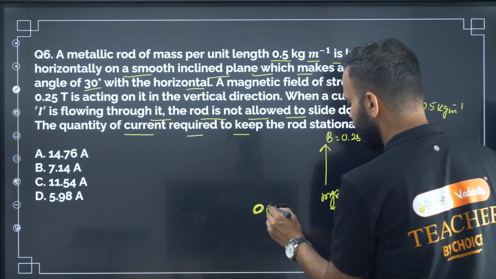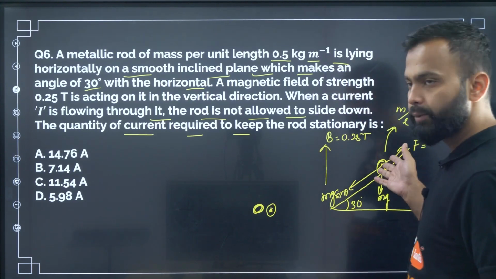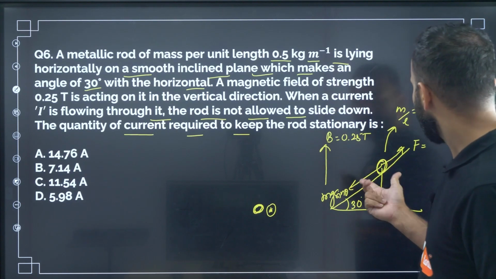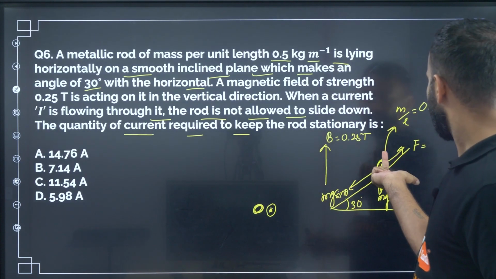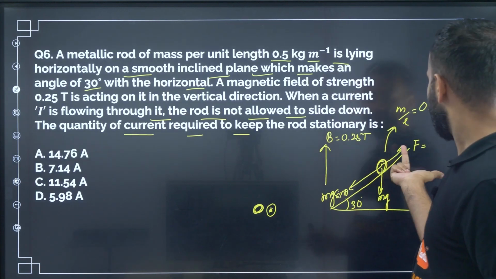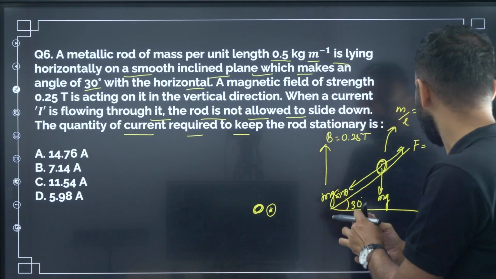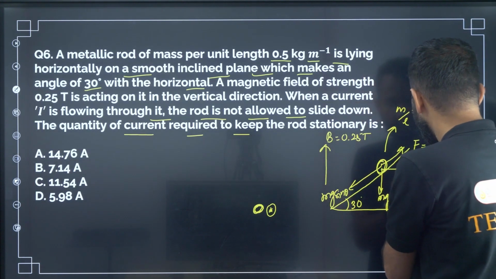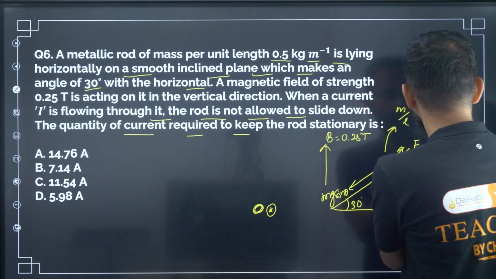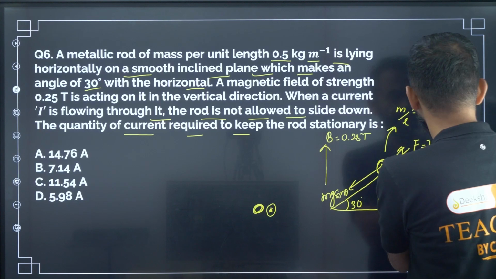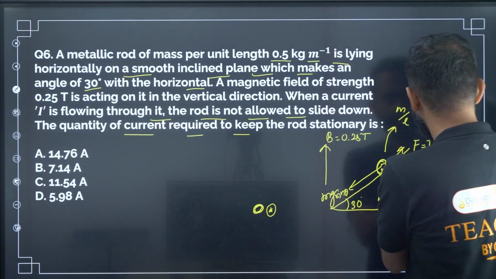So this is the rod, and this is the direction of the current. Use the right hand rule here: current, magnetic field and force. This is the direction of the force, that is towards right, I into L into B. Now if you resolve this force, this will be I L B cos theta.